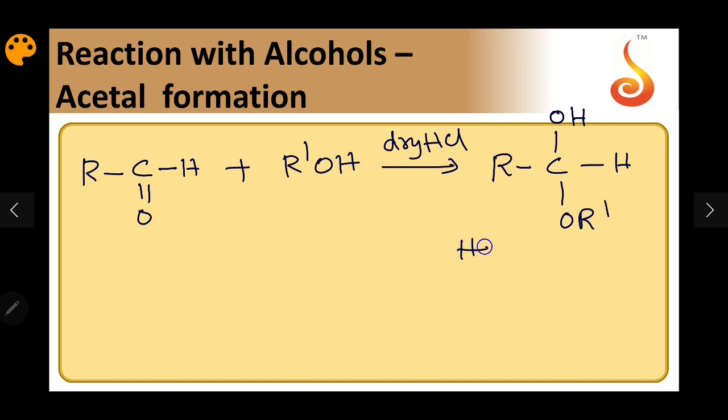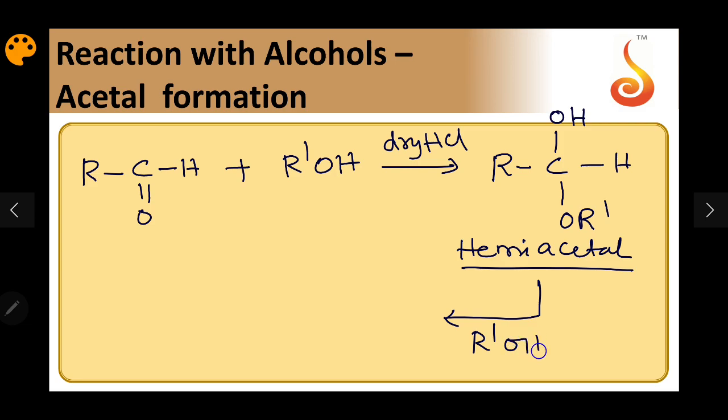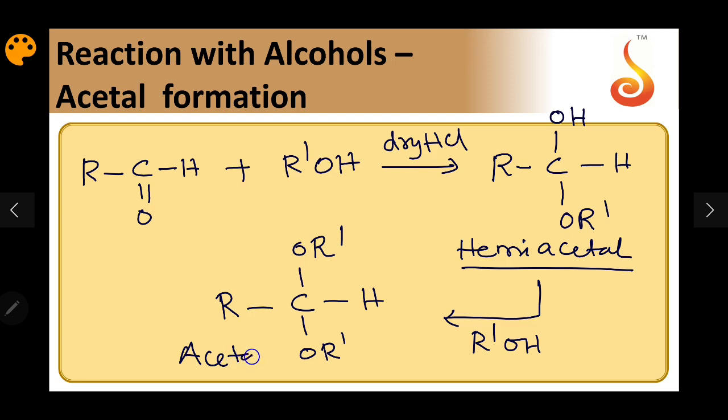This is called as hemiacetal. Further it reacts with one more molecule of R dash OH to form acetal. This is called as acetal. So formation of hemiacetal is a part of nucleophilic addition reactions.